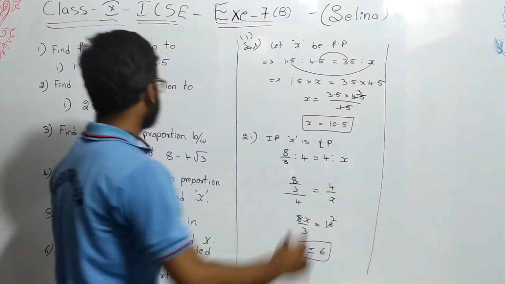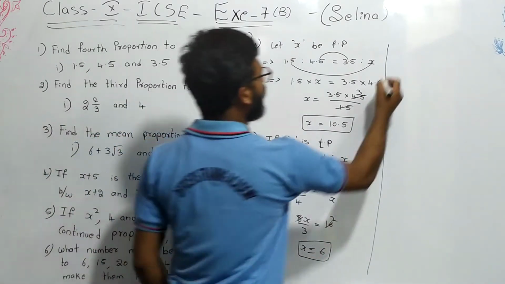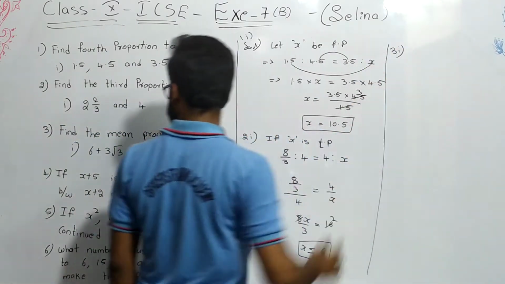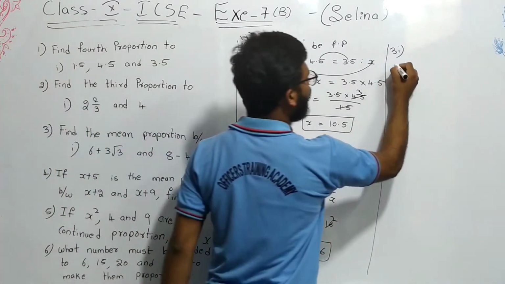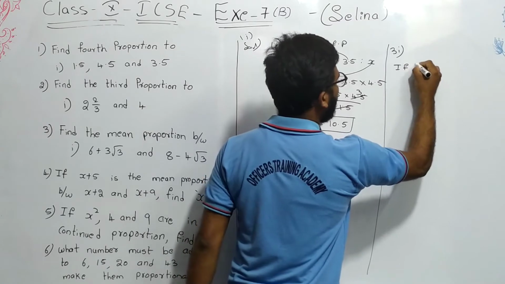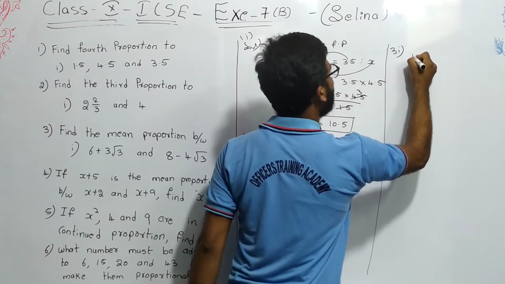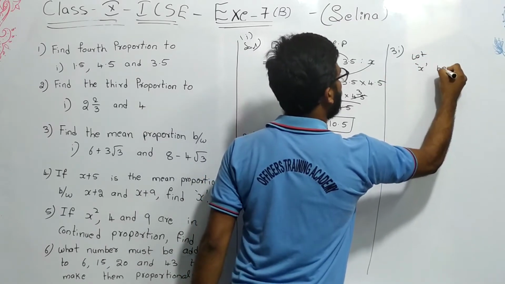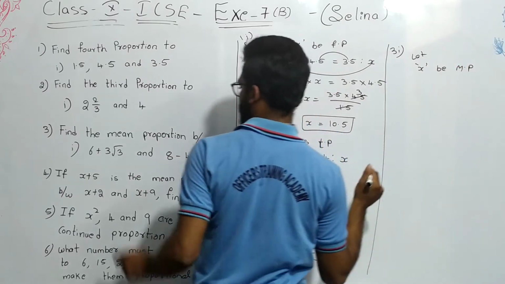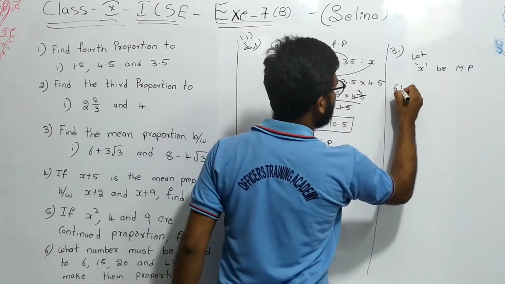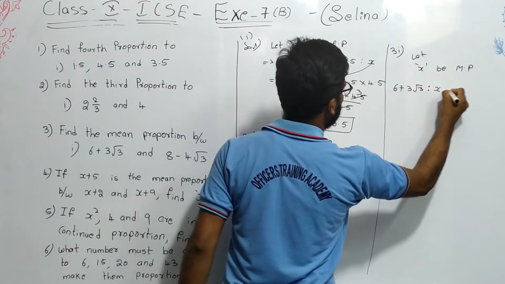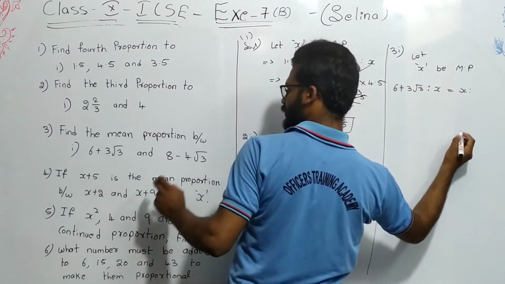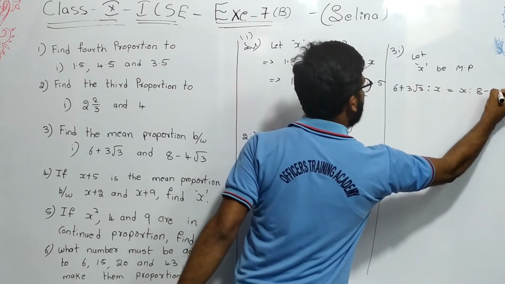Next, third problem, find the mean proportion between the given numbers. Let x be the mean proportion. That implies I can tell 6 plus 3 root 3 is to x is equal to x is to 8 minus 4 root 3.